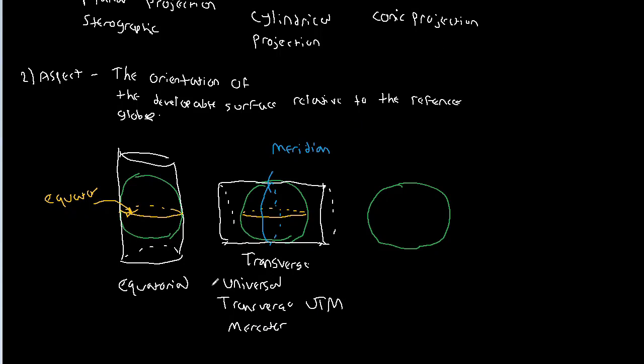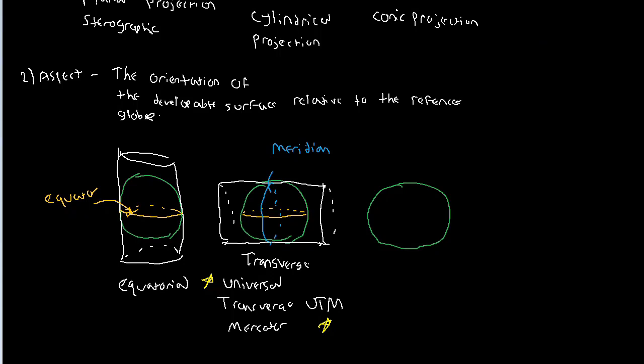Not important now, but we will spend a lot of time in a separate video talking about UTM. This is what UTM is talking about. The transverse Mercator part is saying that we've taken a cylindrical projection, tilted at 90 degrees, so that now we're lining this transverse Mercator up with a meridian.